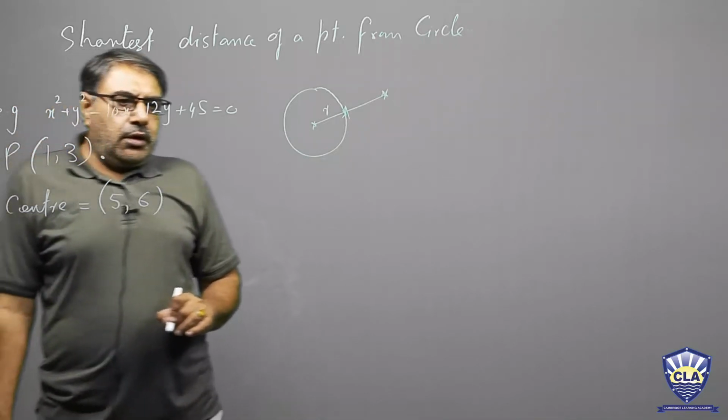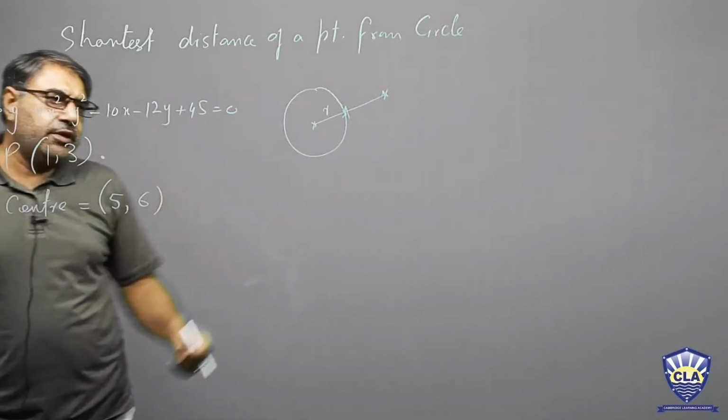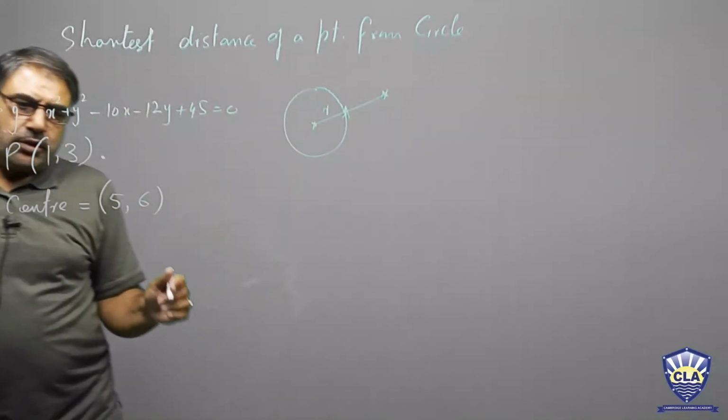And we need the radius also, because we have to subtract the radius from the total distance.